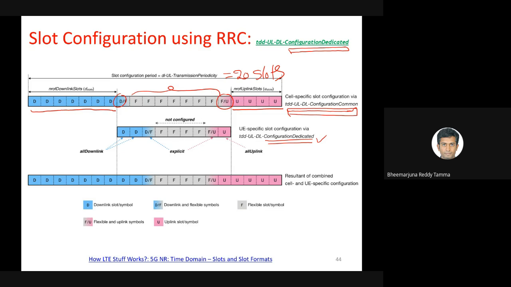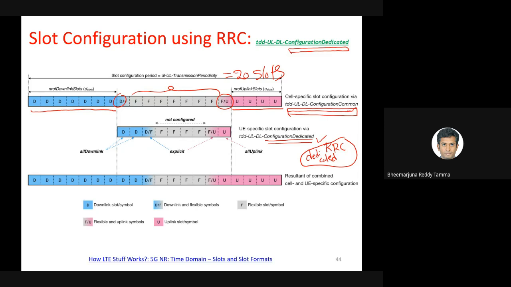That's what is done. But later, using RRC messages, now these are dedicated RRC messages meant for specific users, the base station is now telling the user how these slots can be used by the user.